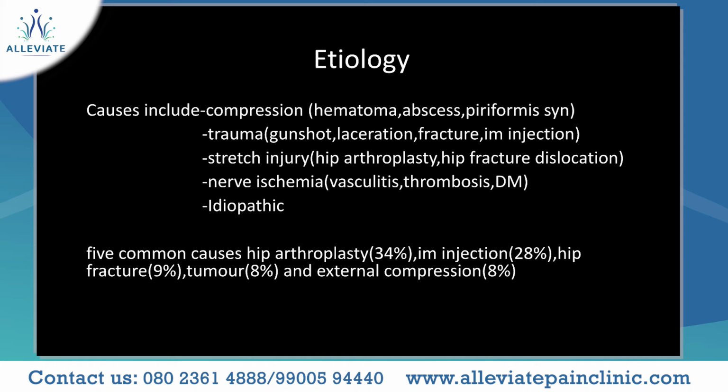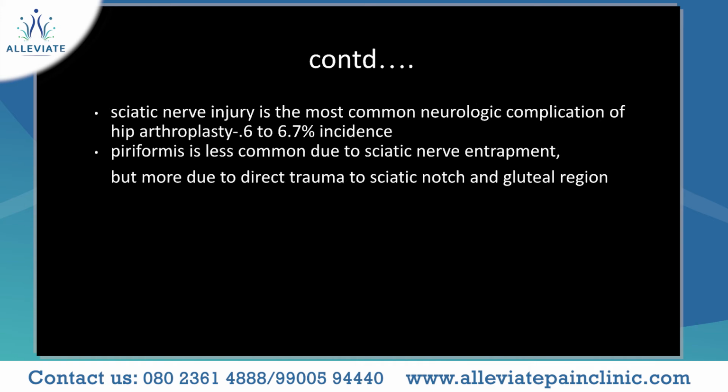Other causes are nerve ischemia, vasculitis, thrombosis, and idiopathic. Five common causes: 34% of the time hip arthroplasty, again an iatrogenic cause, IM injection 28%, hip fracture 9%, tumor 8%, and external compression 8%.